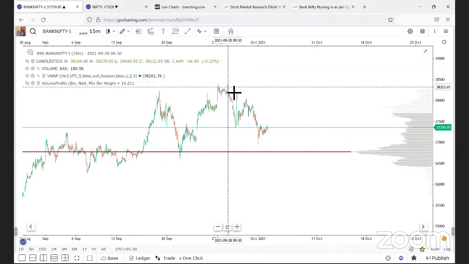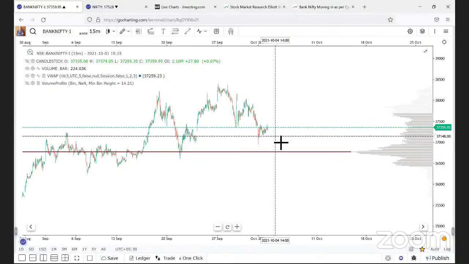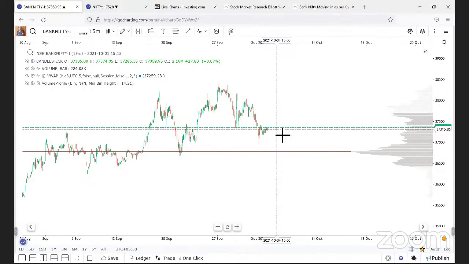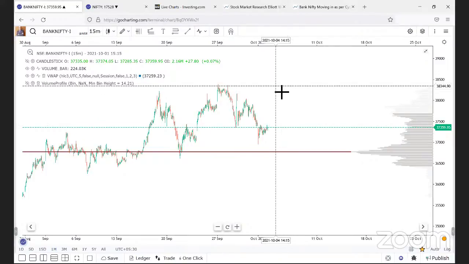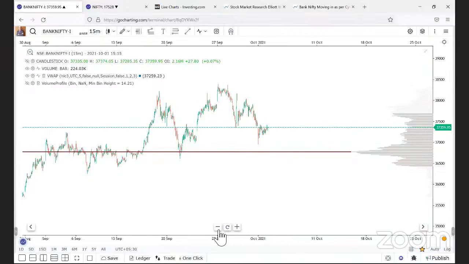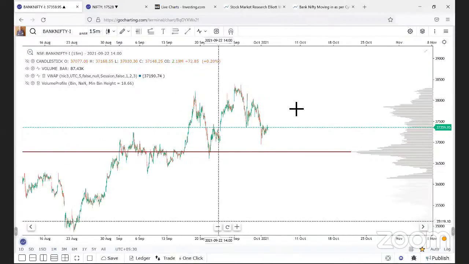So Bank Nifty shows a double top divergence, and the fall has not yet gained momentum. I'm not ruling out one more push on the upside. We will see: if that push is sharp and fast, then the trend can continue. But if that push is slower, then we are in for some major correction. So as of now, it looks like that.